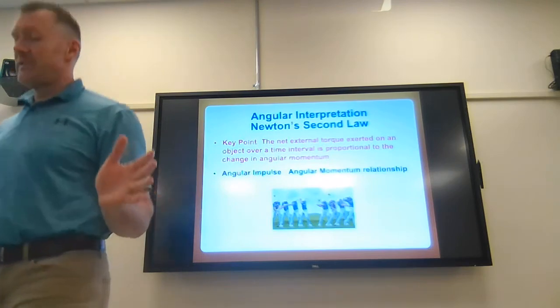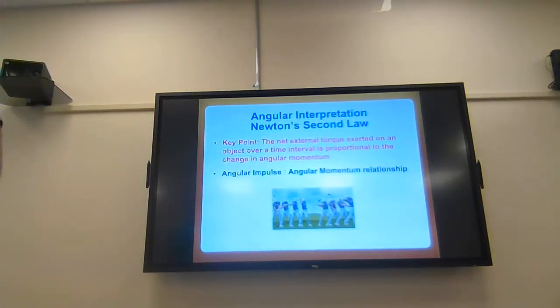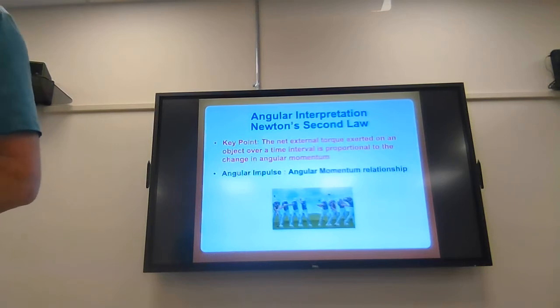So let's review, what's angular momentum equal to? It's a little bit different than just mass times velocity. Angular momentum is moment of inertia times angular velocity. So the difference is how the mass is distributed, versus linear momentum, where it's just mass.